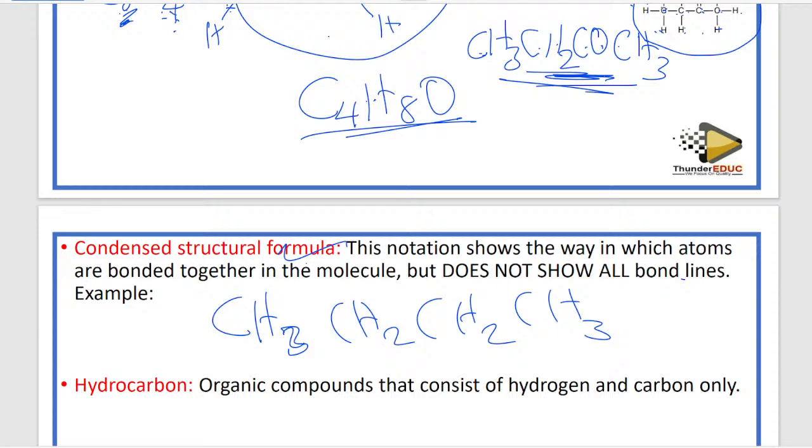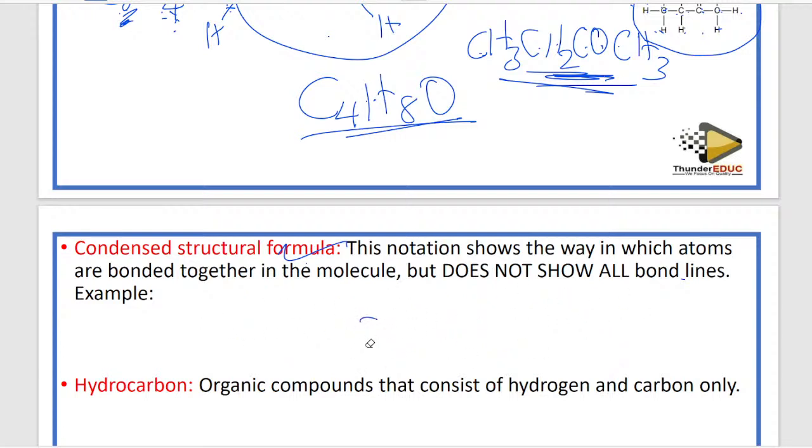However, we can also have something like this. It is also called the condensed structure formula, for other molecules like CH2, CH3, CH, CH, CH3, and then I put a double bond there. It's also a condensed structure formula. It doesn't show all the bonds.